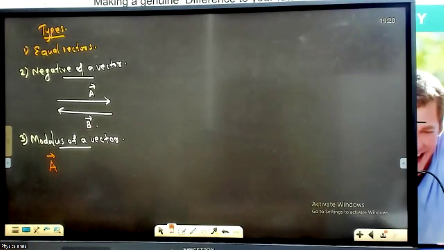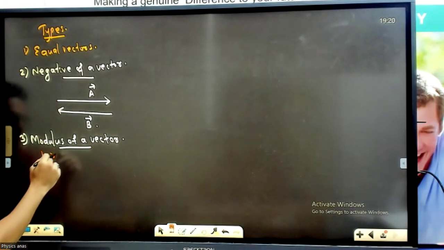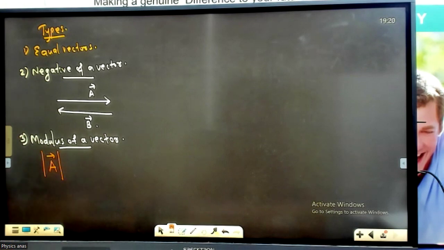This is the representation of a vector. And modulus of a vector can be represented like this. Don't write it now. What is modulus of a vector? The magnitude of that vector, the value of that vector.